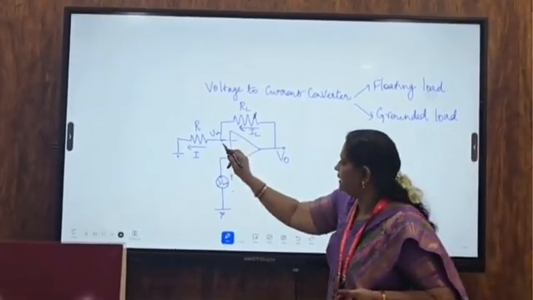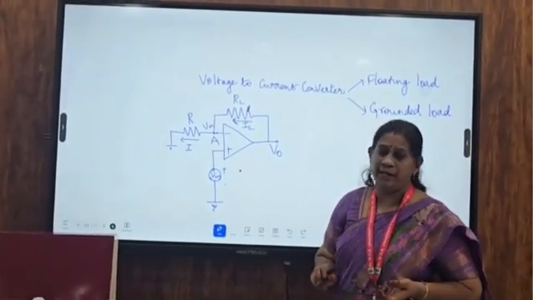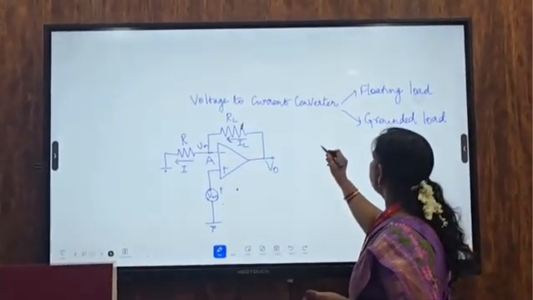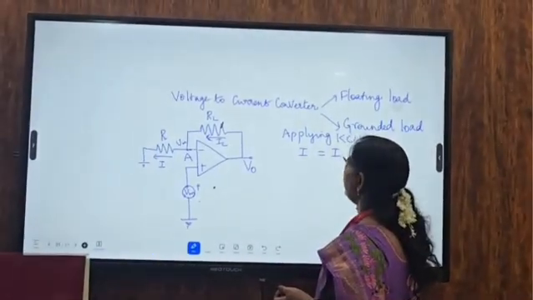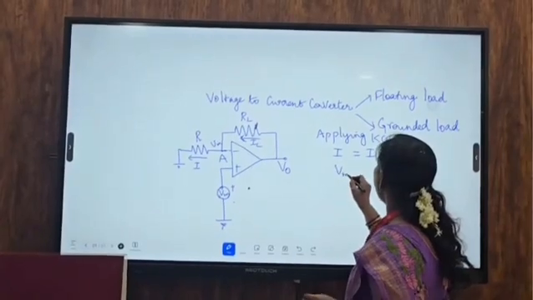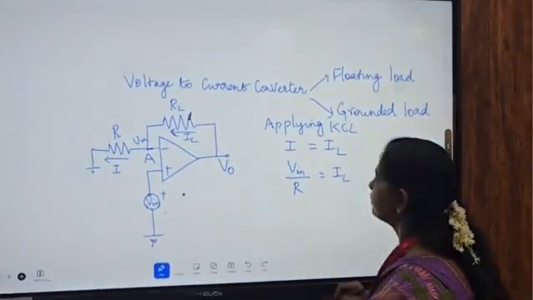Let us assume this node to be A. Applying KCL at this node, we get I is equal to IL. What is I? I is nothing but V input divided by R, which is equal to IL.